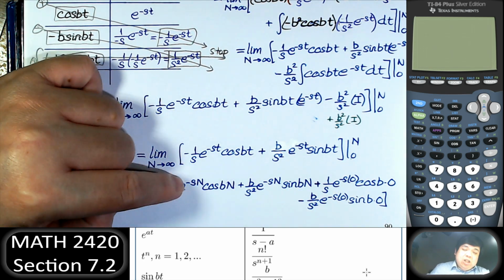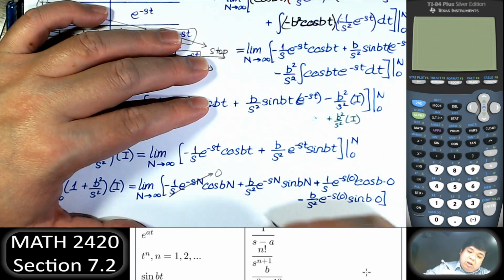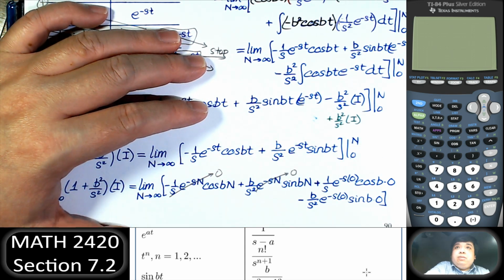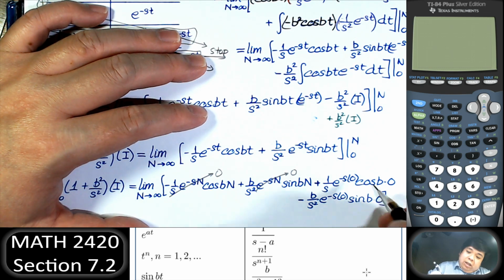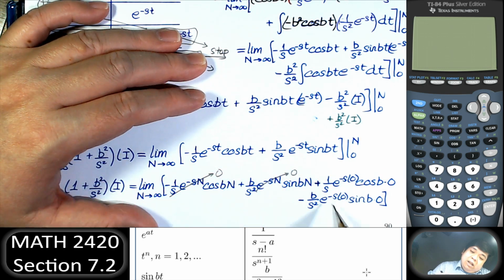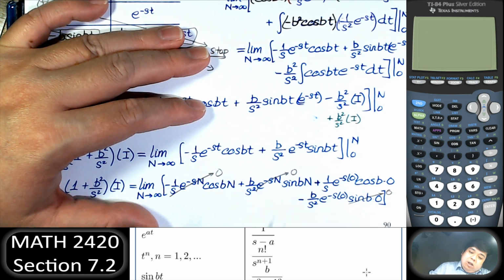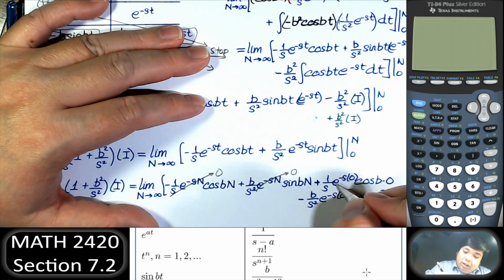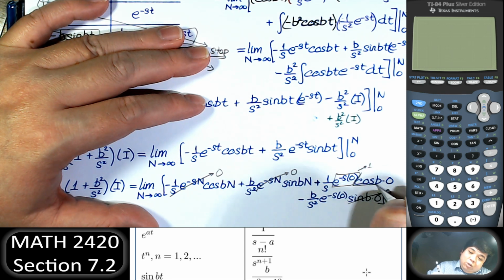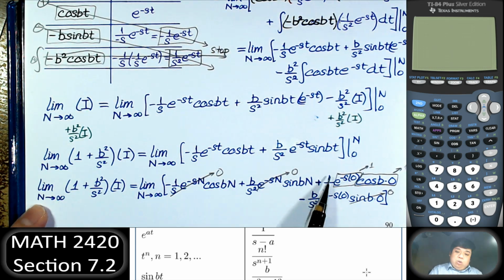Alright, e to negative s n, if s is positive, then the whole thing goes to 0, that goes to 0 as well. Cosine of 0 is 1, so this is 1, this is 1, we just have 1 over s. And sine of 0 is 0. So we have all of them being 0. This goes to 1 because e to 0 is 1, and then cosine of 0 is 1. So bottom line is we have that equal to 1 over s.